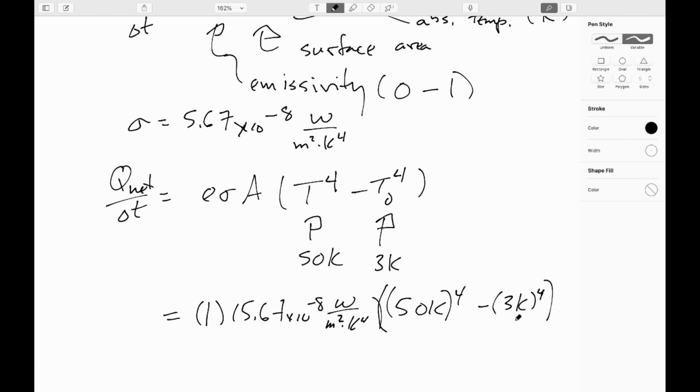If you crunch that through on your calculator, you'll find that after you've raised 50 Kelvin to the 4th power, when you raise 3 Kelvin to the 4th power and try to subtract that, you won't really see a difference in the number at all. That's just how drastic these differences in 4th powers can be. And it works out to be 0.709 joules per second.